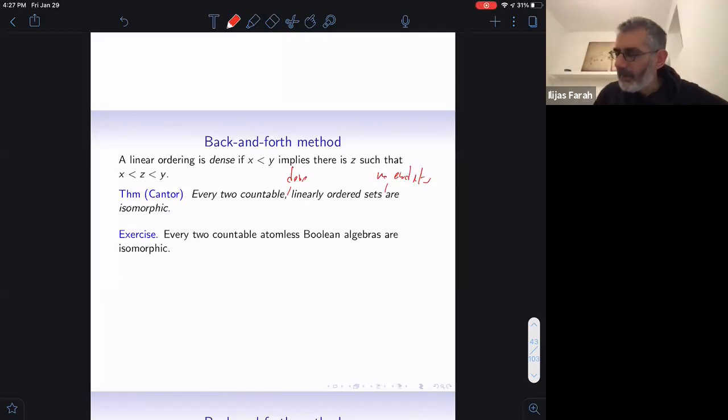So this theorem, if you drop the word countable, it becomes false. And there are both trivial counterexamples in size Aleph 1 and reasonably deep counterexamples of size Aleph 1.